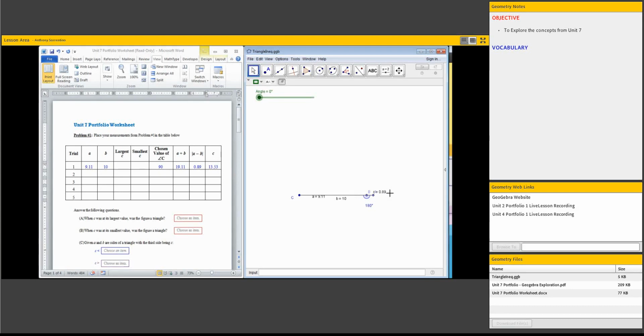As I move up, it keeps getting bigger and bigger. When I get to 180, I get 19.11. If I start moving more than that, I have the external angles, which I really don't want, and it starts going down again. So it looks like the smallest value of C is when I have this at 0 degrees, and that's 0.89.